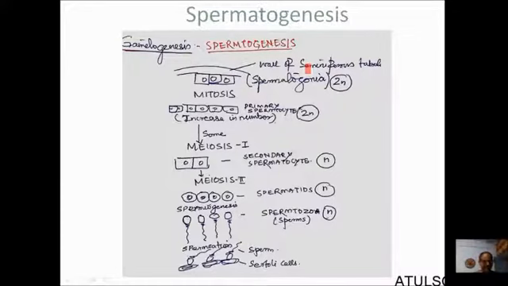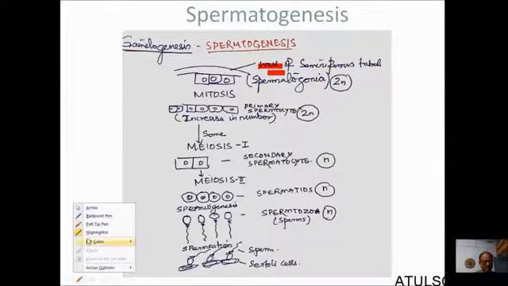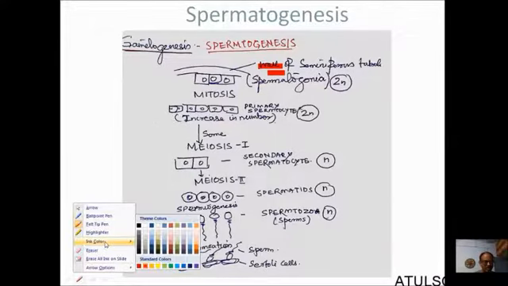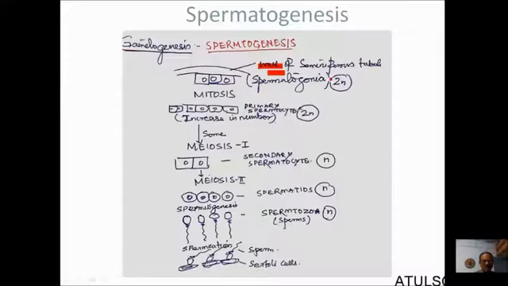Spermatogenesis starts in the testis or seminiferous tubule. The wall of the seminiferous tubule bears a large number of spermatogonia which are diploid. These spermatogonia divide and increase in number.